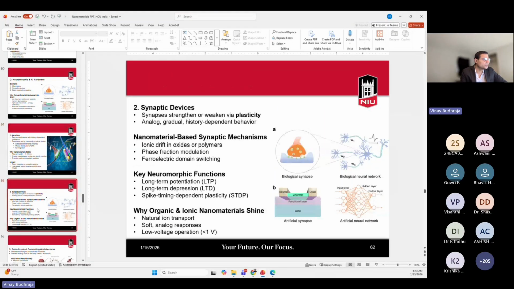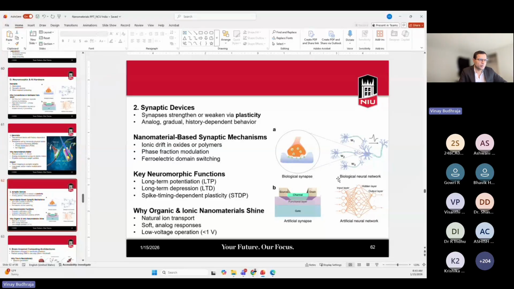The second element of neuromorphic hardware is the synaptic devices. Synaptic devices are like biological devices, where synapses strengthen or weaken via plasticity. It has ionic drift in oxides, ferroelectric domain switching, and phase fraction modulation.